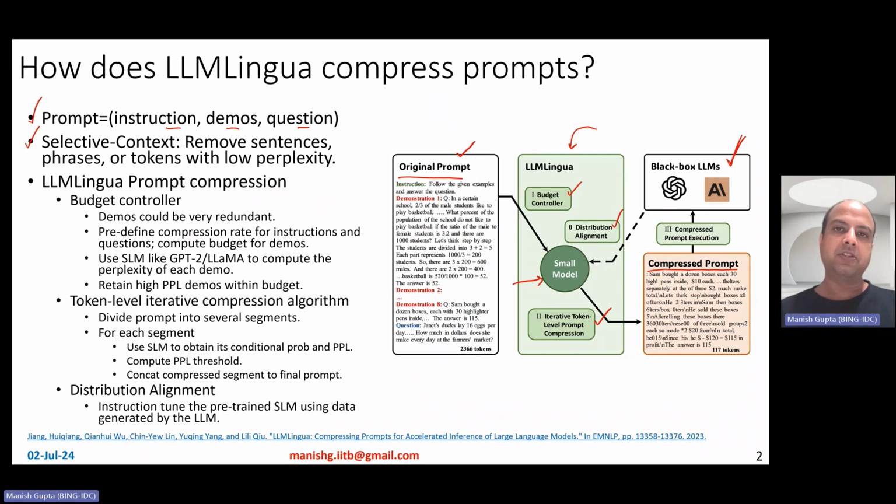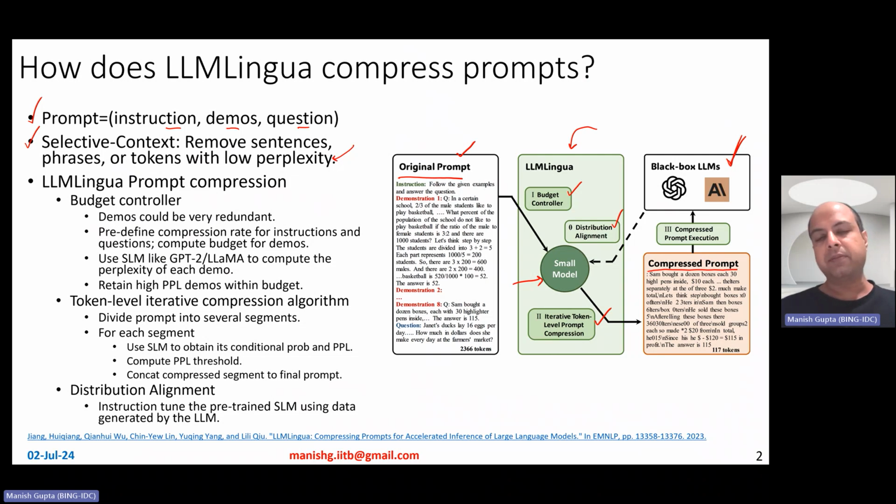And then what you could do is remove those particular tokens which have very low perplexity, right? So those tokens which have low perplexity or high probability of being sampled from the language model, those are redundant tokens. You can remove them, right? However, removing them using the large language model itself is very expensive. And therefore, what people have done is use some small language model to remove those tokens.